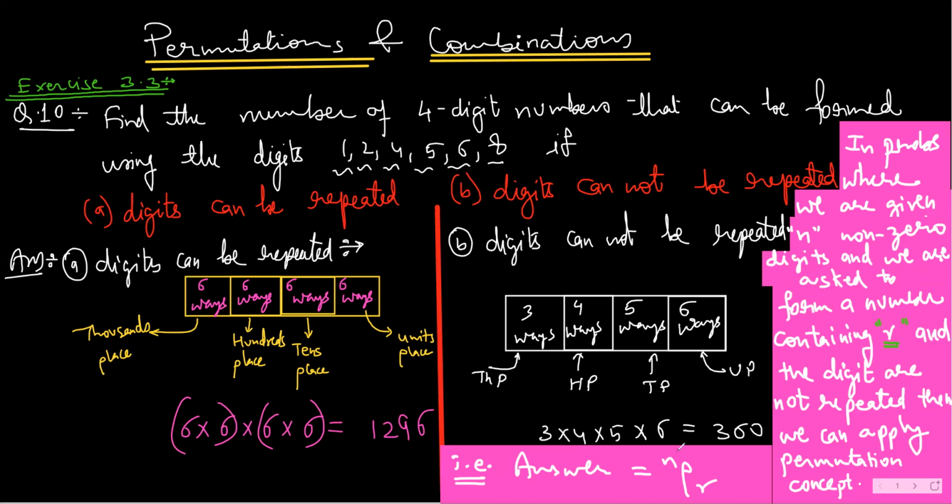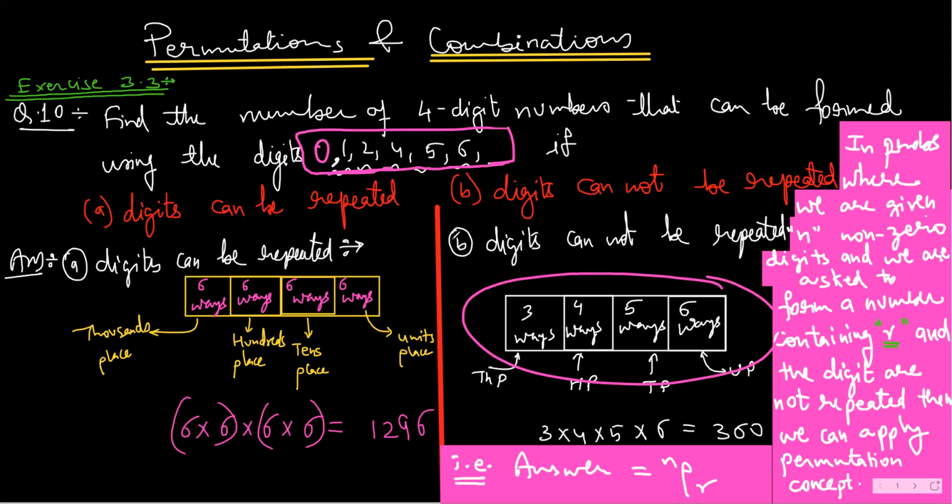This goes without saying, even if it is not written here: suppose I am given the digit 0, then definitely I cannot apply directly. Suppose I was not given 8 and I was given 0. So I have 6 digits, 1, 2, 3, 4, 5, 6, and I have to make a 4-digit number. Can I apply 6P4? Definitely not.